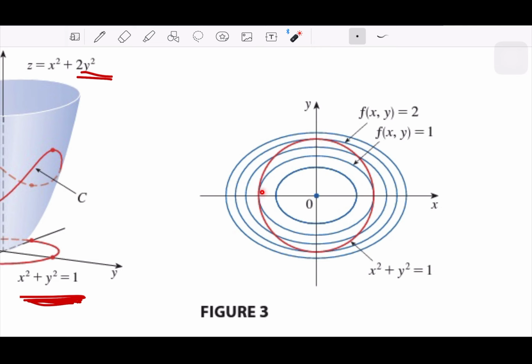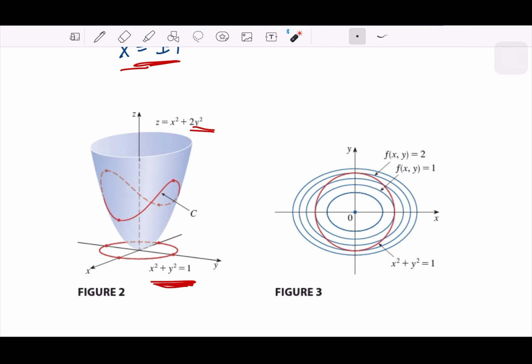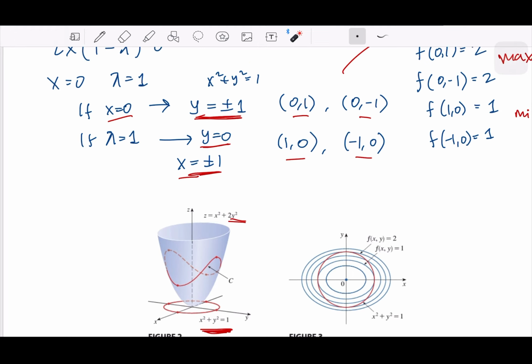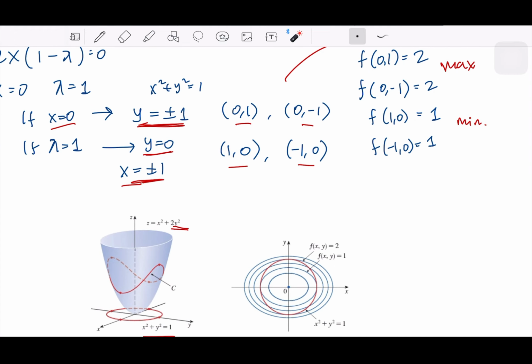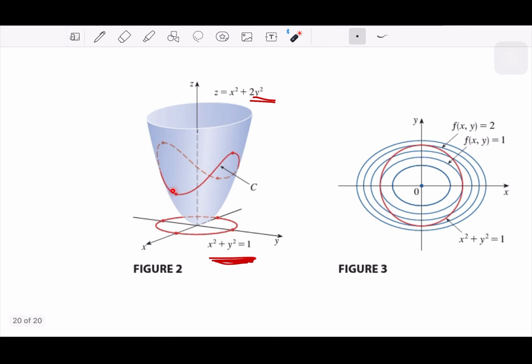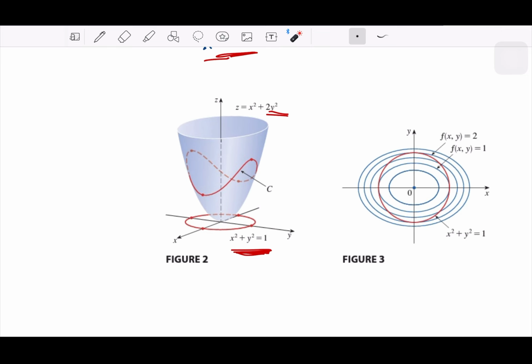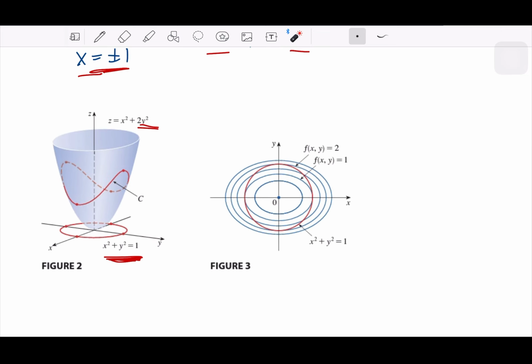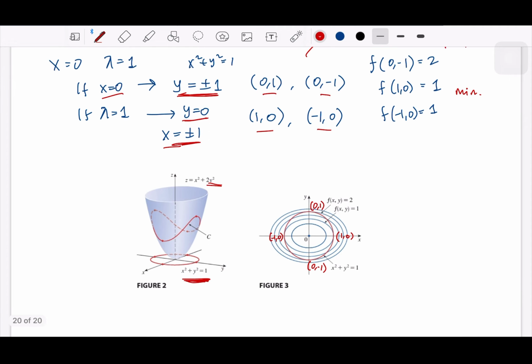When this happens, we know that this will be equal to what we have here, 2 and 1. So this is 1 and this is 2. So this will be the points: this is 1, 0; this is -1, 0; this is 0, 1; this is 0, -1, right? These are the 4 points we have.